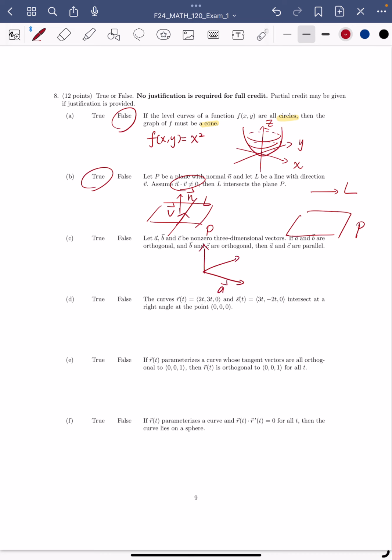You have A, B, C on coordinate planes, x and y and z. So like this. Then they're all pairwise orthogonal, but A and C are not parallel. So the answer is false.